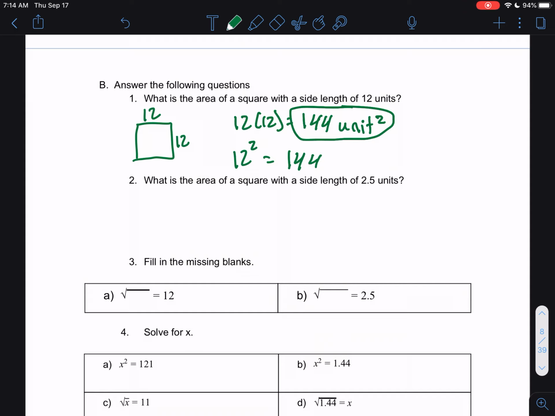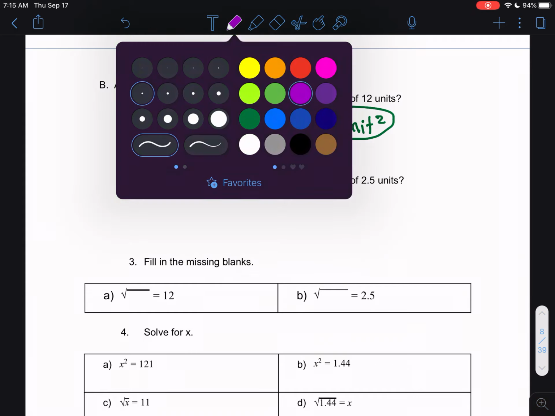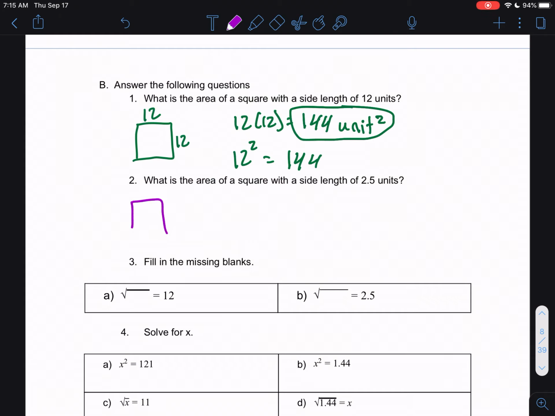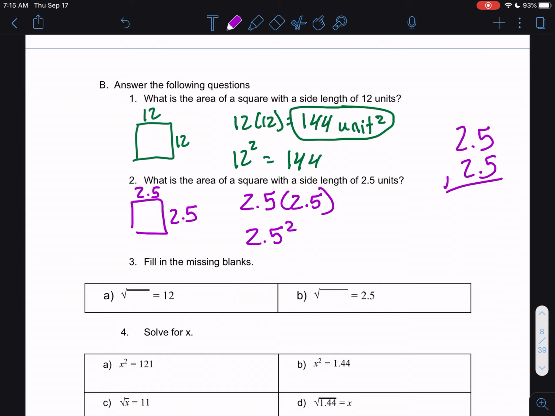Okay, and then what is the area of a square with a side length of 2.5 units? Again, you can draw your square, label your sides, and say, I just have to do 2.5 times 2.5, or 2.5 squared. I don't know this one, and remember, this is a no calculator investigation unless the instructions say to use it.